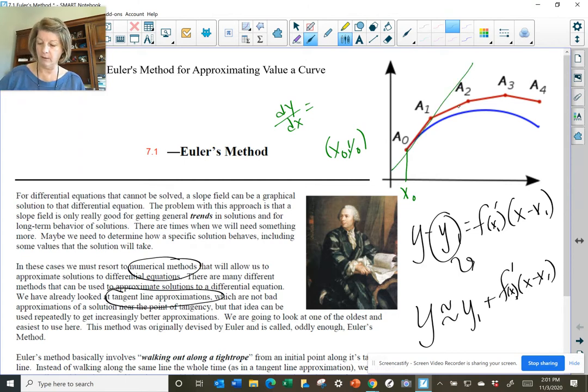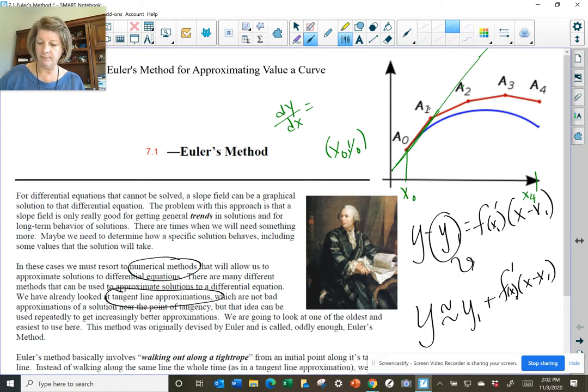And you can see if I were trying to approximate, let's say we're trying to head out here to x sub 4 and find the y value that corresponds with x sub 4. Well, if I extended my tangent line, trying to follow that slope of the first segment, you could see I would be quite a ways off by the time I get out to x4.